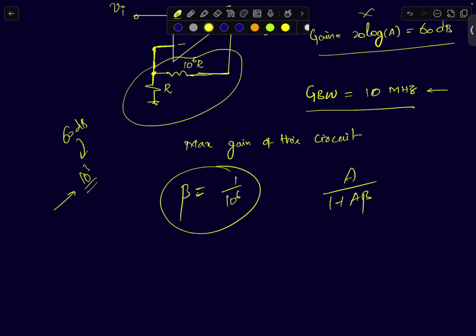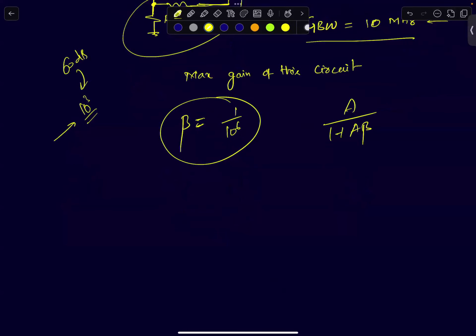And what is A beta? Calculate it. A beta is simply 10 power 3 upon 10 power 6, which is 10 power minus 3. So your loop gain is negligible. It's much smaller than 1. So therefore, the closed loop gain of the system is A itself.